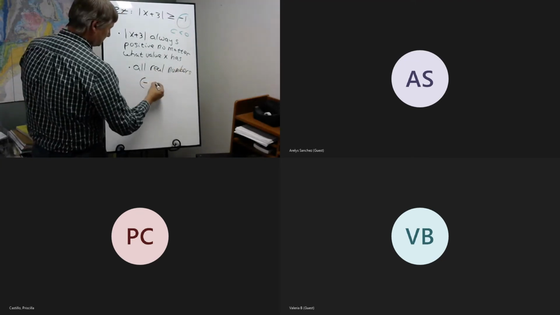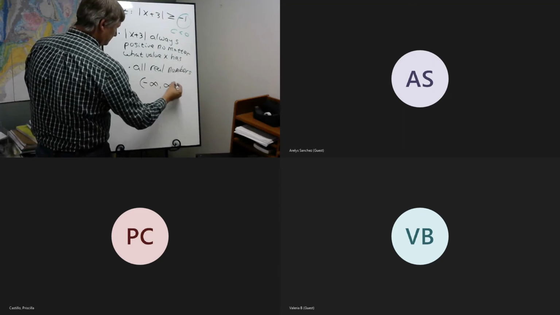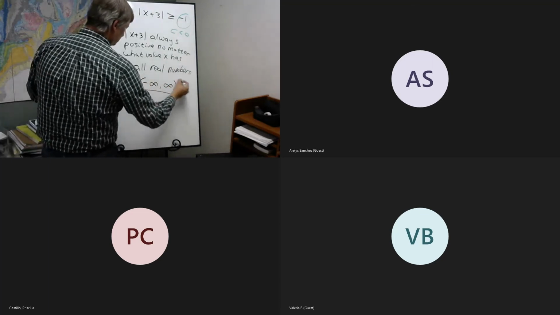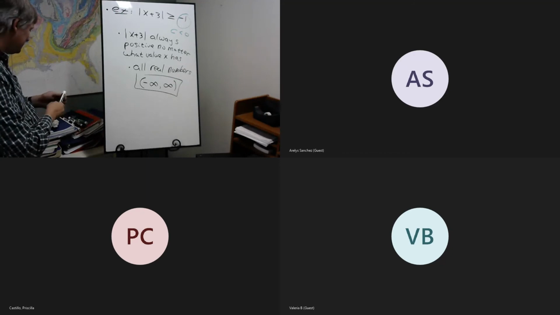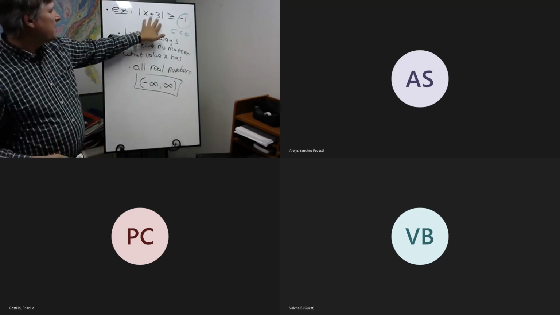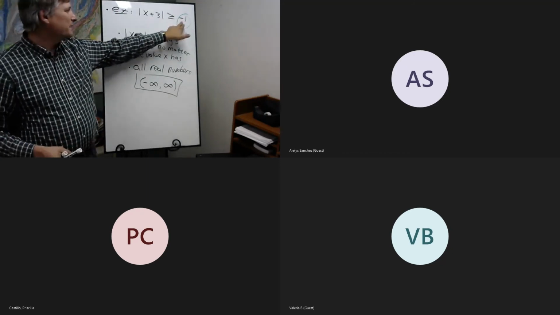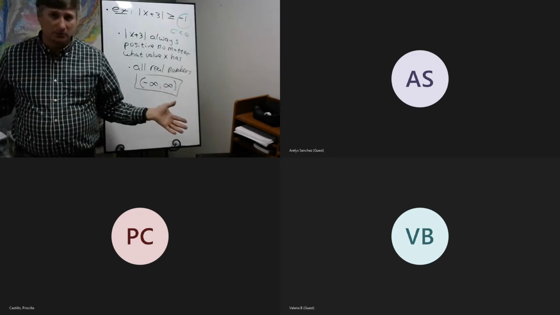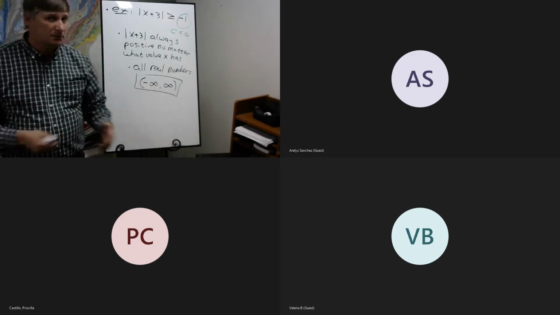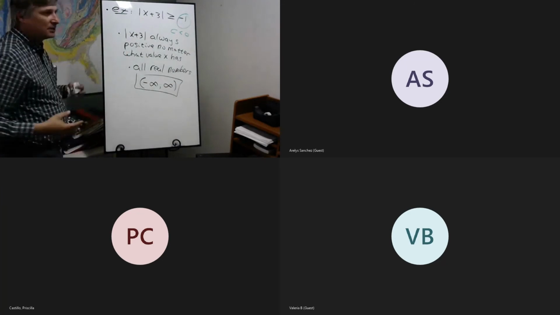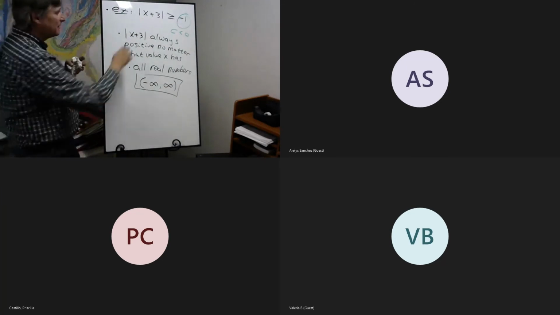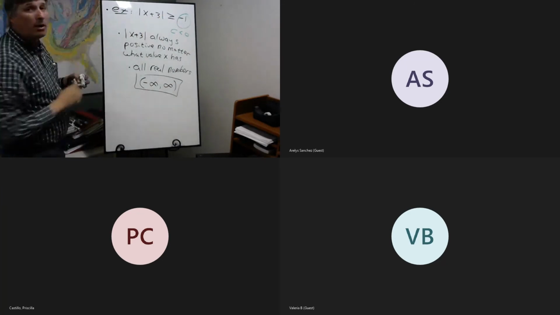So when you have something positive bigger than something negative, that's always going to be true. Positives are always bigger than negatives. And absolute values will make sure that whatever x does on the inside, it'll come out positive.